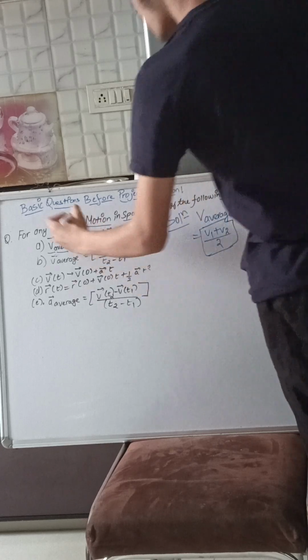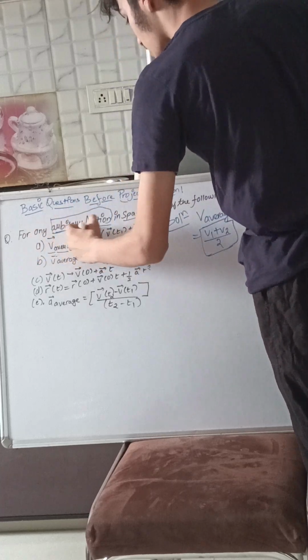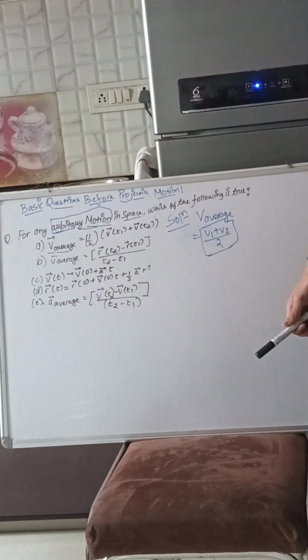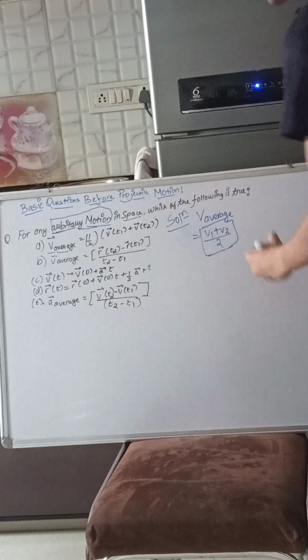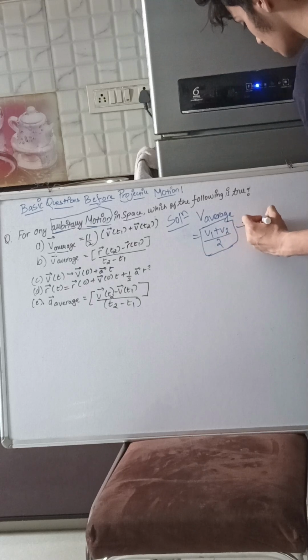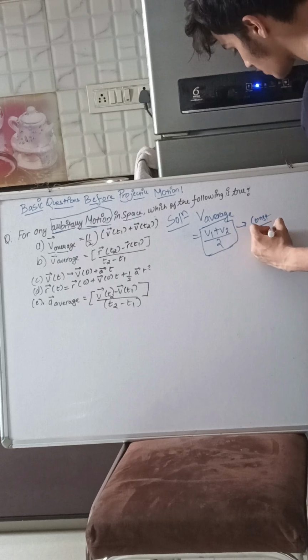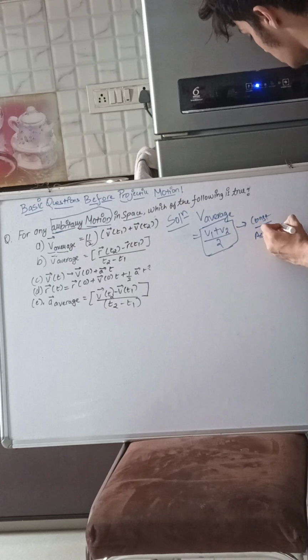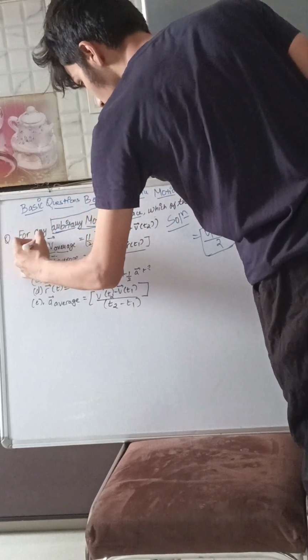And in the question, arbitrary motion is given, which means there is not constant acceleration. So it's basically either zero or changing. So this equation needs to have some constant acceleration in it. So the first option is wrong.